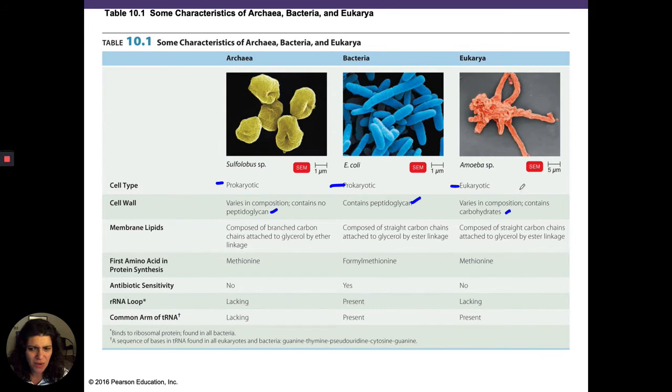Eukarya have cell wall? What kind of organisms have cell wall in the eukarya? Fungi, they have chitin. Chitin, you're right. Chitin is a protein. Chitin cell wall, that's for fungi.